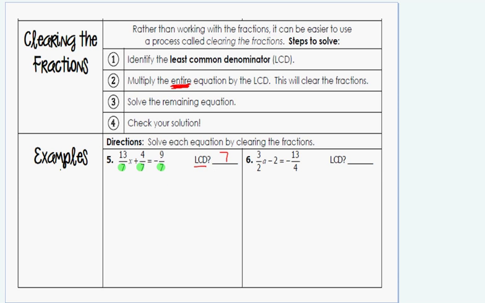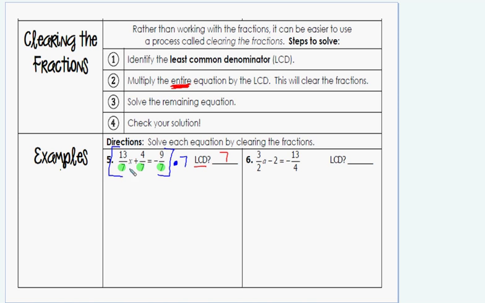So now, what we're going to have to do in order to clear the fractions is we're going to take the entire equation. Notice I boxed the whole thing so that I know that I'm multiplying everything inside of there by a 7. And remember, the whole reason that we're doing this is so that we can cancel out the denominator.